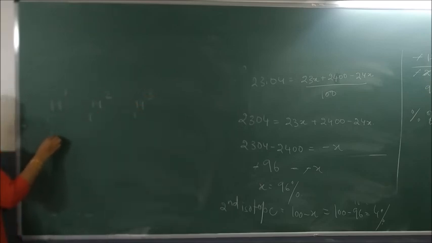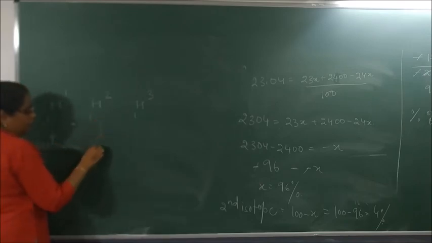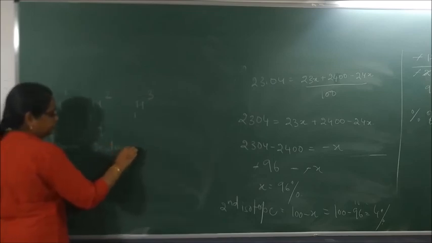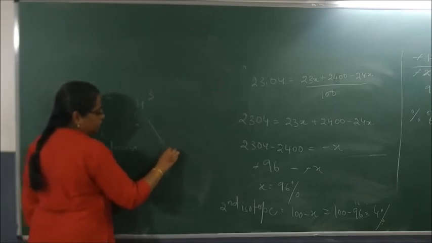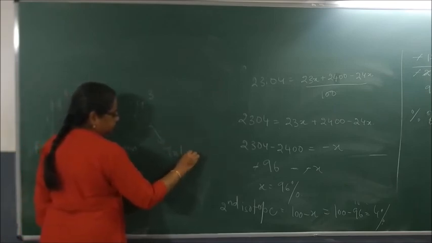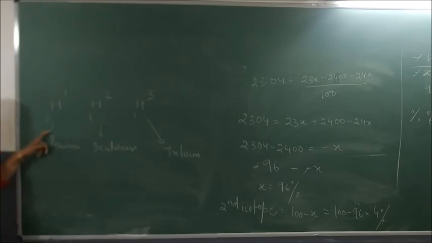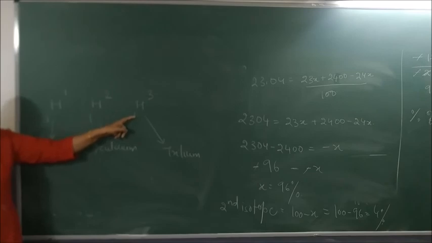This is called protium. This is called deuterium. And this is called tritium. Understood? So H hydrogen, D deuterium, T tritium.